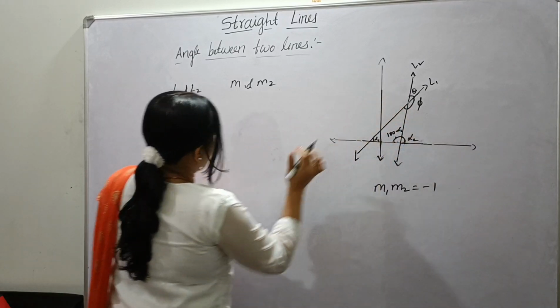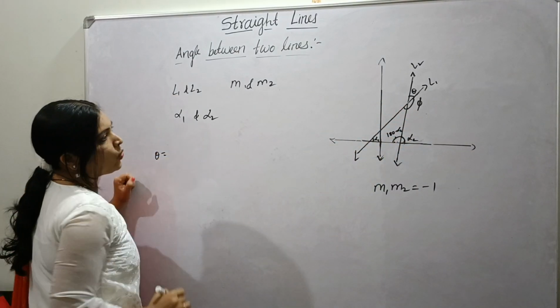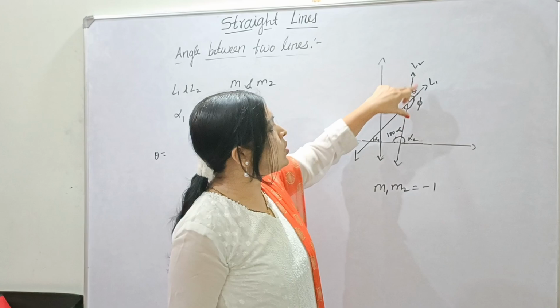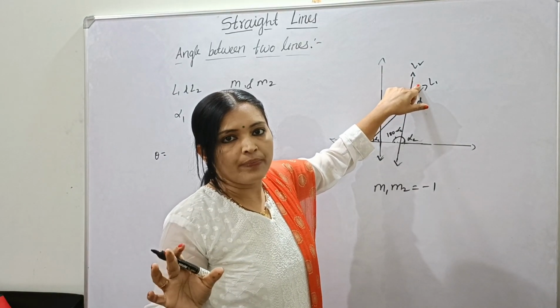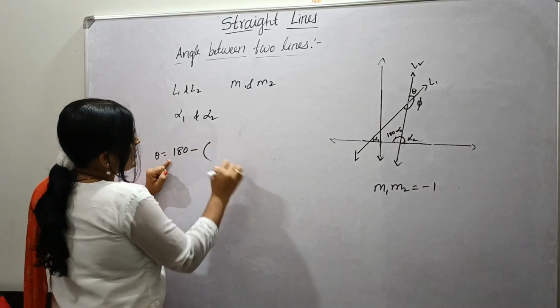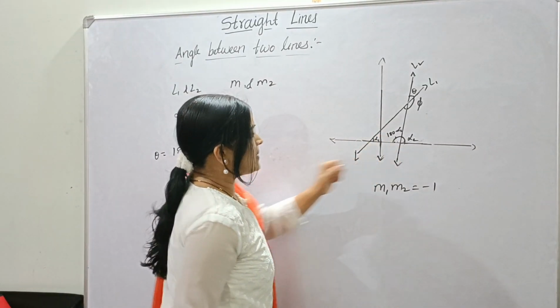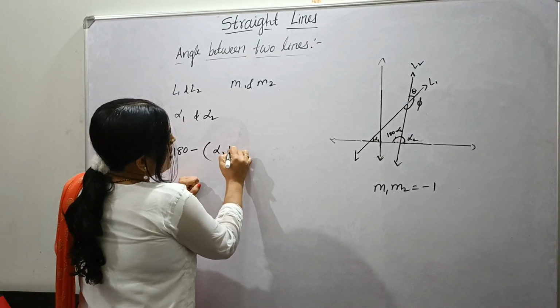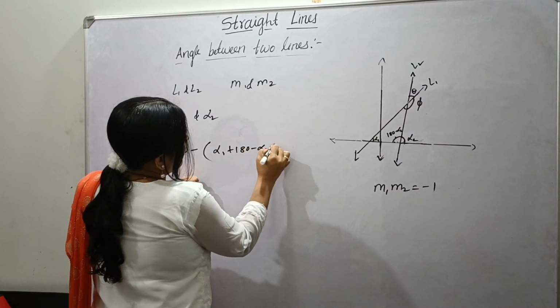Therefore theta, since opposite angles are equal, is equal to 180 minus the sum of these two angles, that is alpha 1 plus 180 minus alpha 2.